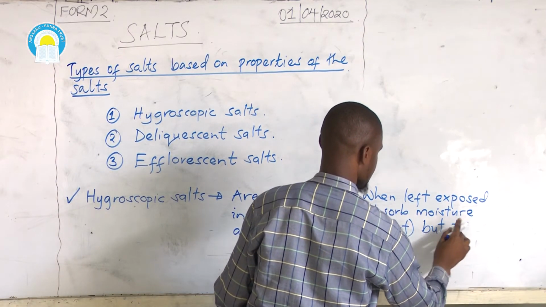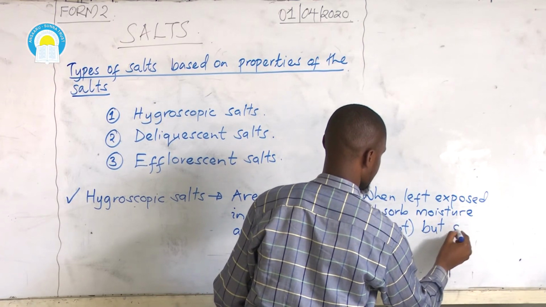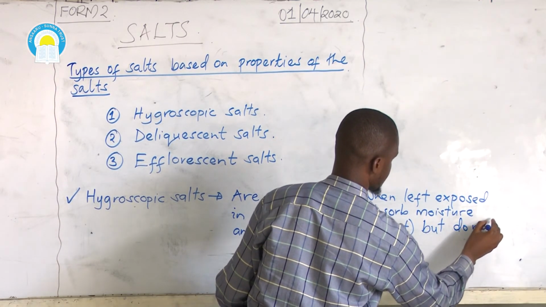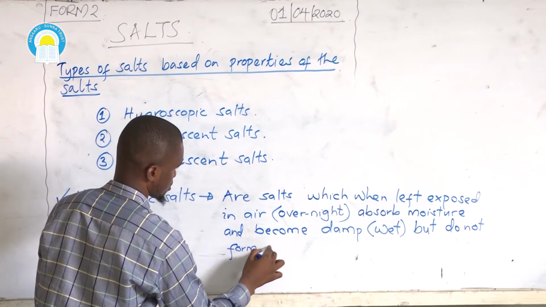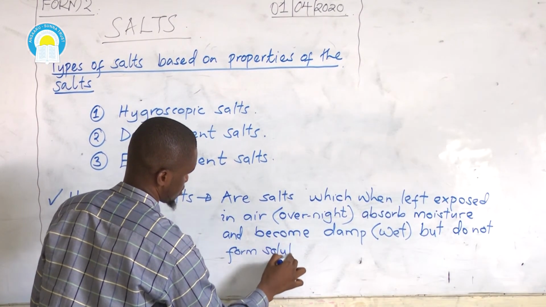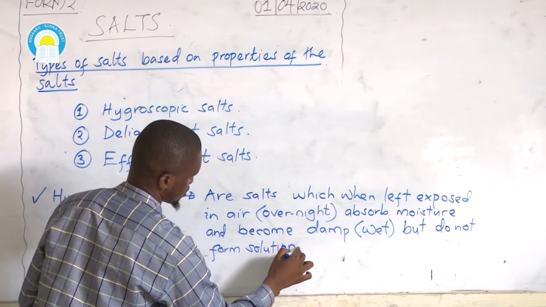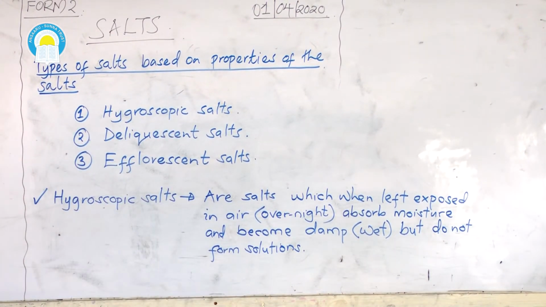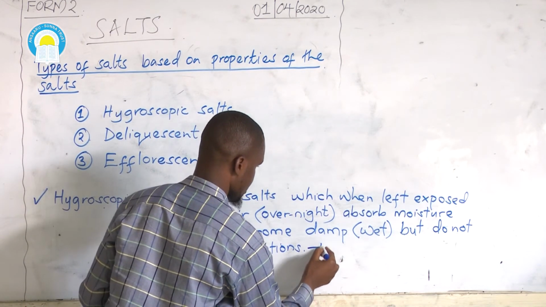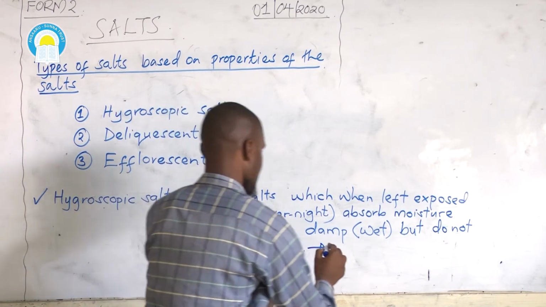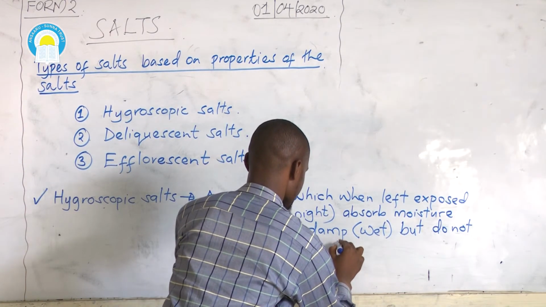We have examples of salts here, and the example of salts in this category we call anhydrous.